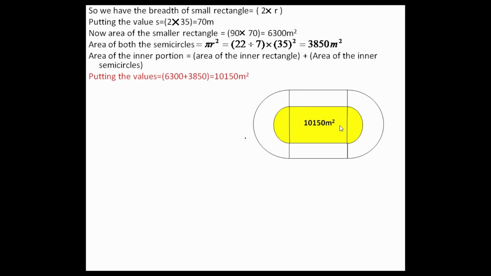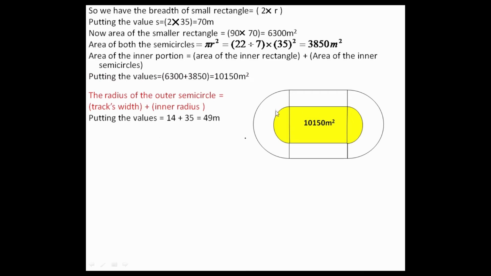Now I want to know the area of the outer portion, the whole outer portion. I have carried out the area of inner portion. I want to know the area of the whole outer portion. How will I find it? Similarly, as we started from the semicircle to find out the area of the inner portion, I will start from the bigger semicircle to find out the area of the outer portion.